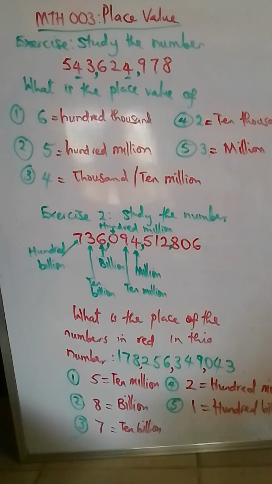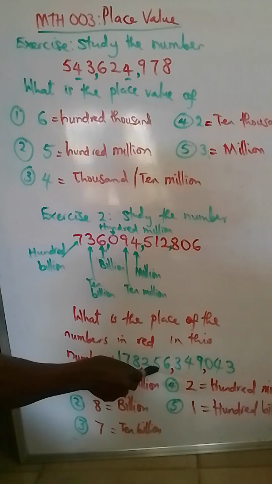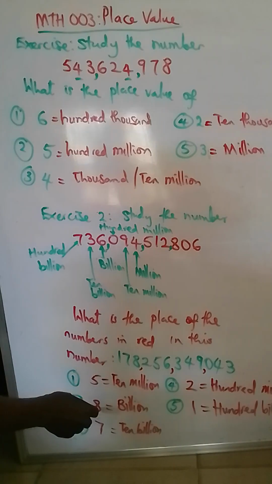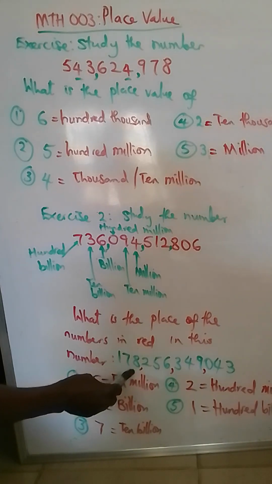So if you have done it correctly, you see that 5 is in the place value of 10 million, in the position of 10 million. And then 8 is in the position of billion. Look at it. Immediately after million, you reach billion. So this is 8 billion.